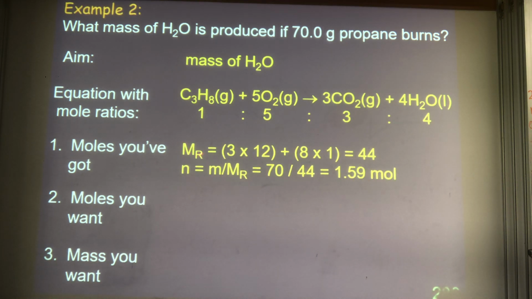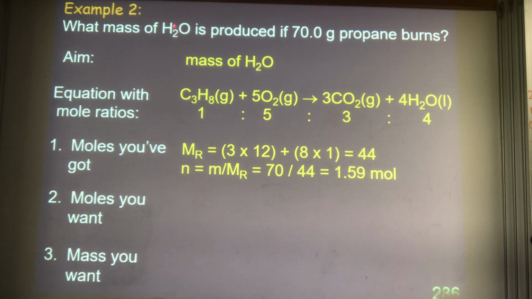Okay, we can use that to work out the moles of propane using the mass formula. The molar mass of propane, 3 carbons, 8 hydrogens, gives us 44. n equals m over Mr. 70 divided by 44 gives us the number of moles of propane that burns. Now, step number 2 is want over got. Now, what do we want?